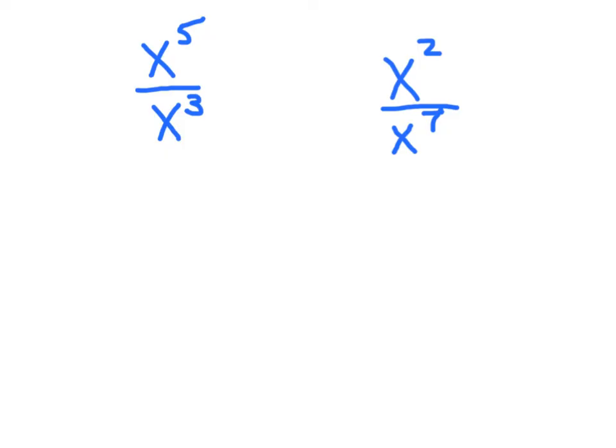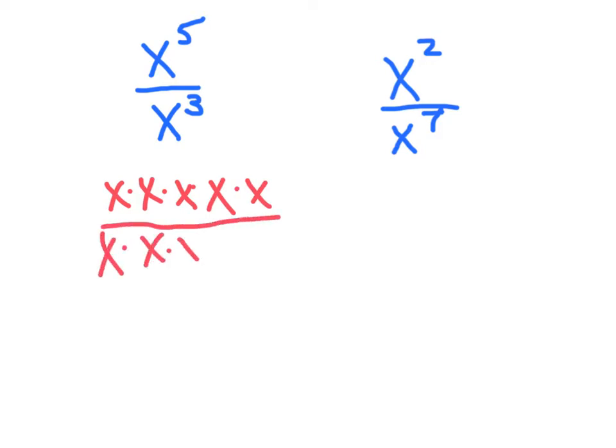So in these problems we're dividing because the fraction bar right here means divide. So it's x to the fifth divided by x to the third. To do this problem, if we write it out, it would be x times x times x times x times x over x to the third, x times x times x.